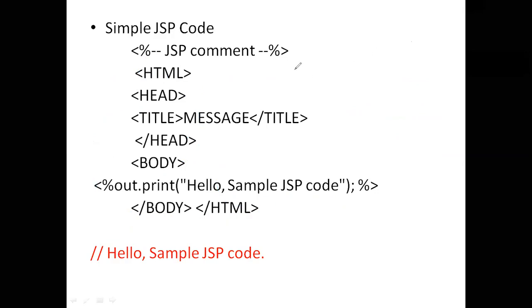But apart from this, if you see, we have used something called an angle bracket and a percentage. Okay, here also you can see we have used something with an angle bracket and a percentage.